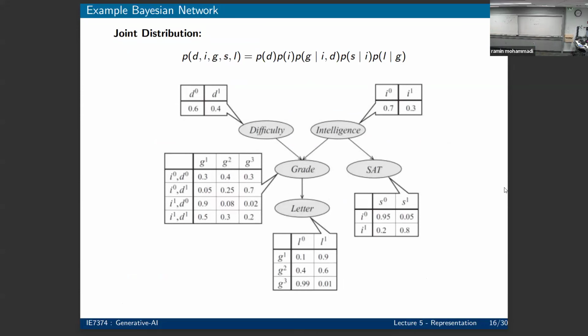The grade only has a dependency on the difficulty and the intelligence. It doesn't have a direct connection with the SAT. The letter, for example, only depends on the grade. It's the grade that gives you the letter, and it doesn't depend directly on difficulty or intelligence. It's a conditional independence.